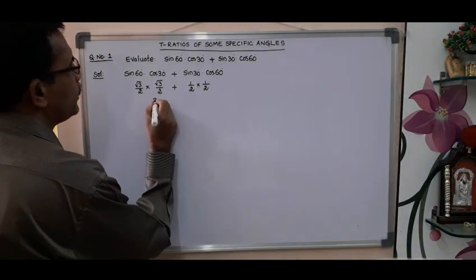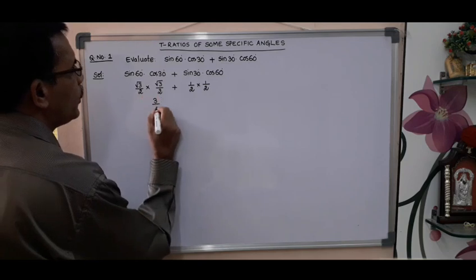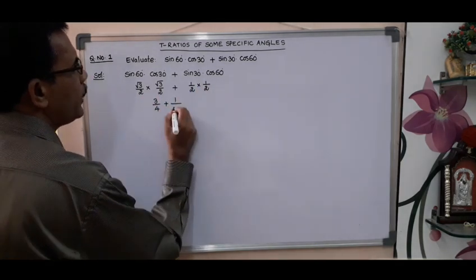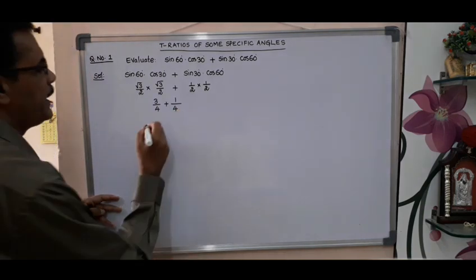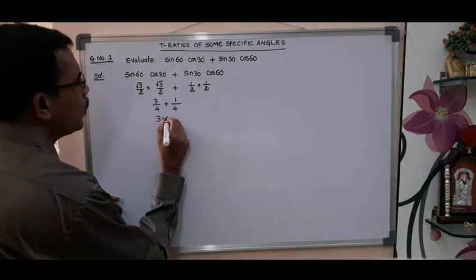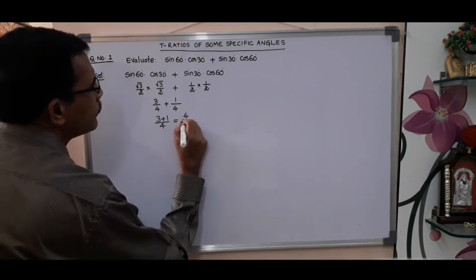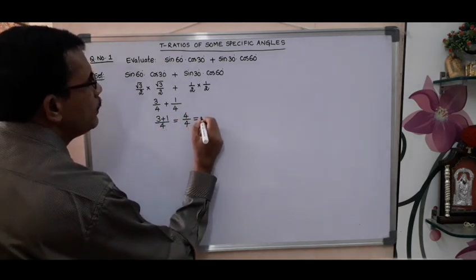Root 3 by 2 into root 3 by 2 is 3 by 4, plus 1 into 1 is 1, 2 into 2 is 4. That is equal to 3 plus 1 by 4, which is 4 by 4, equal to 1.